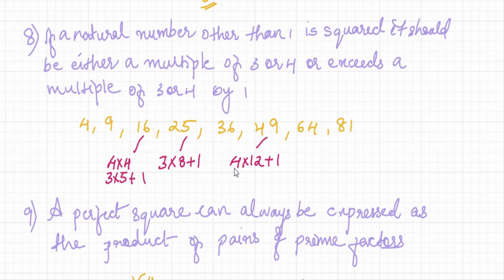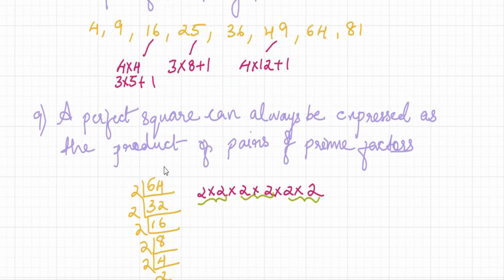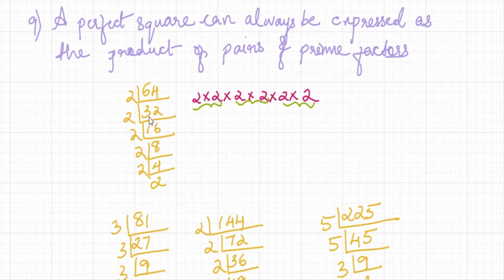It is not a multiple of 4 and not a multiple of 3, but it is a multiple of 4 plus 1. So that's it. Now the next property: a perfect square can always be expressed as a product of pairs of prime factors.